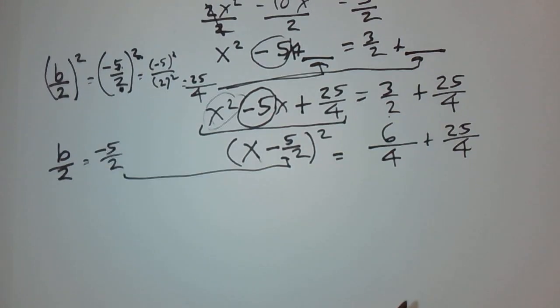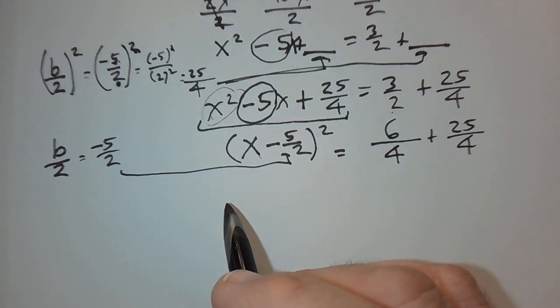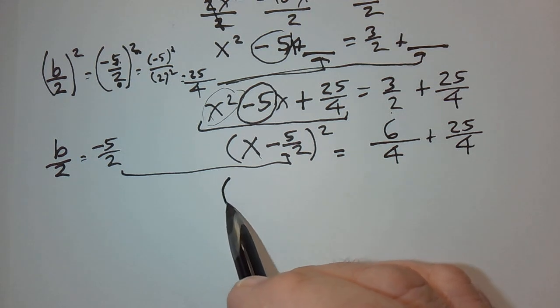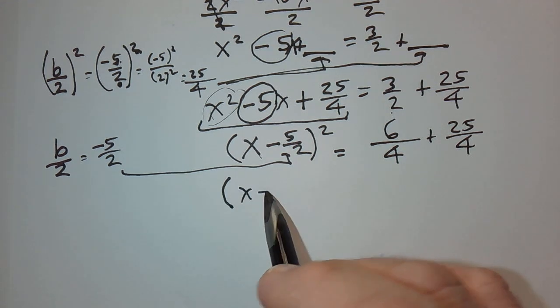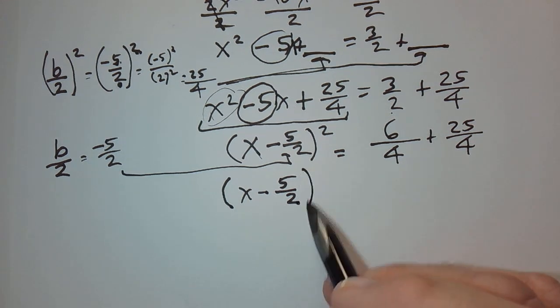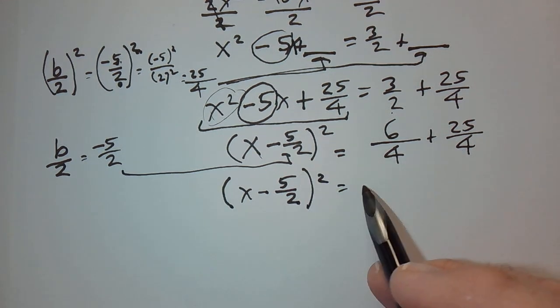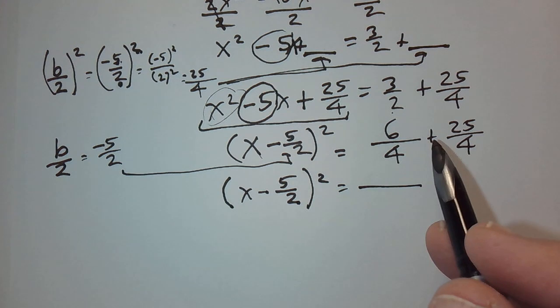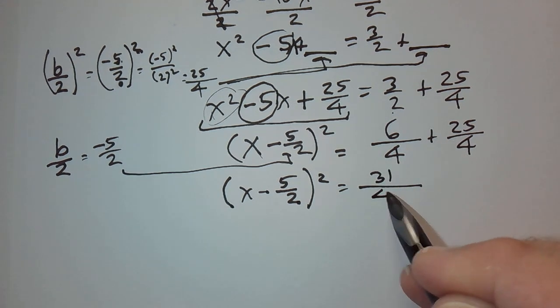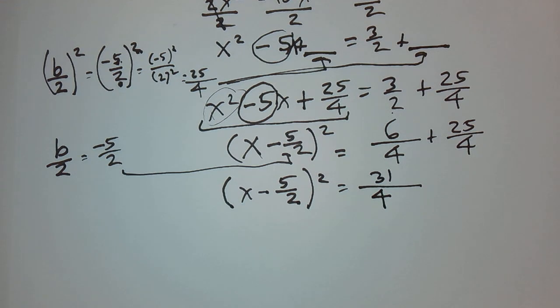All right, our next step is let's clean this up a little just so it's easier to work with. We have x minus 5/2 squared is equal to, and we can add those together, and 6 and 25 is 31/4. So it's getting closer to where we can solve it.